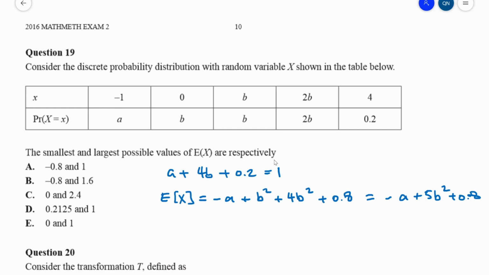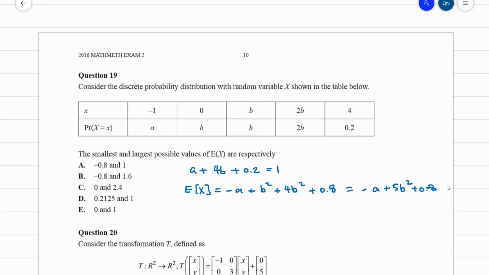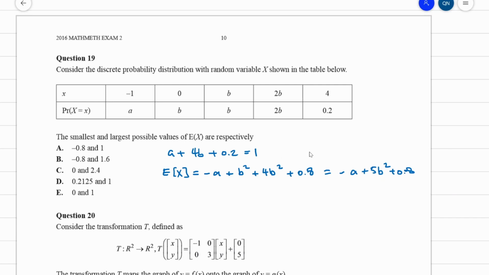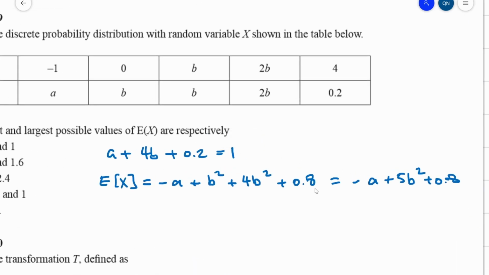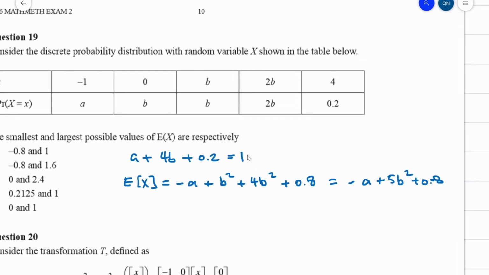Okay, we're working with 2 variables here. It would be nice if we had 1 variable. Nicely, we have 2 equations though, so we could sub one into the other. I'm looking at this first equation here. We could sub that into the second equation, because E(X) is what we're really interested in. It would be nicer if we had E(X) just in terms of 1 variable to play around with.